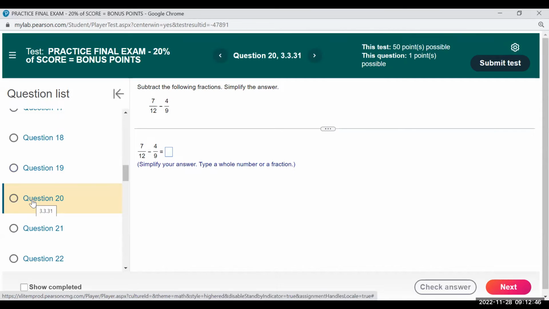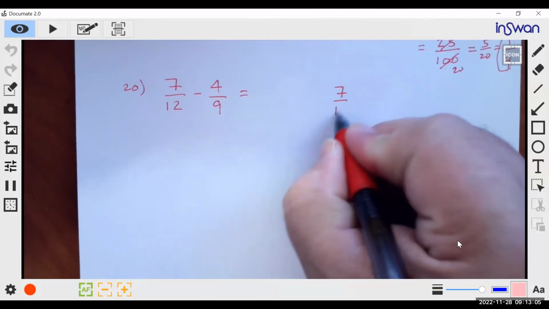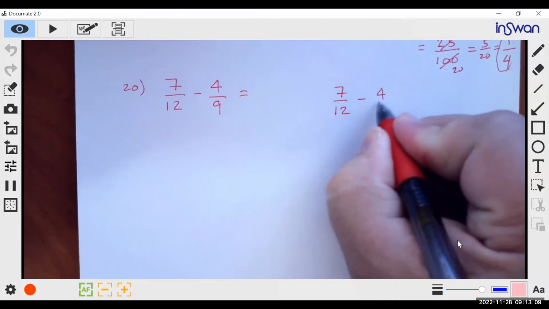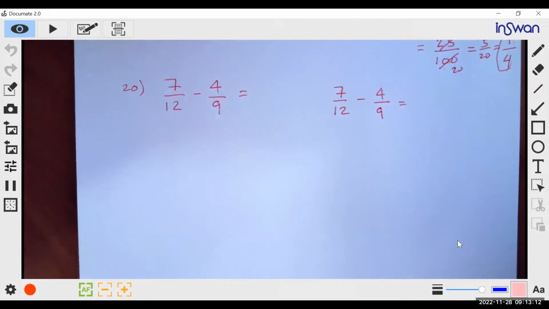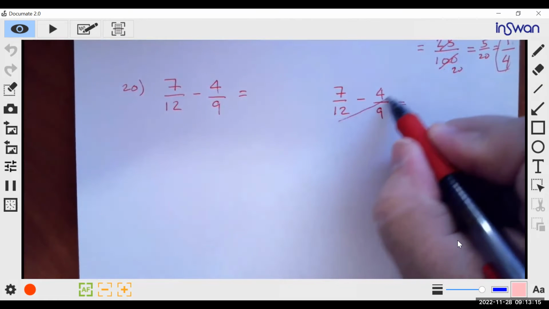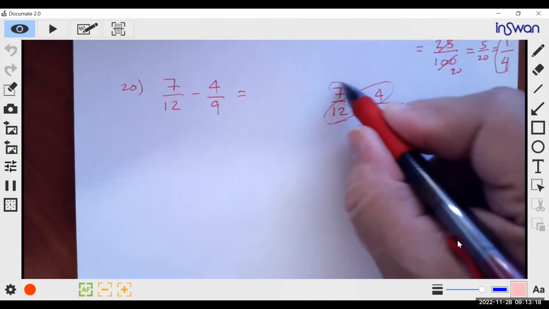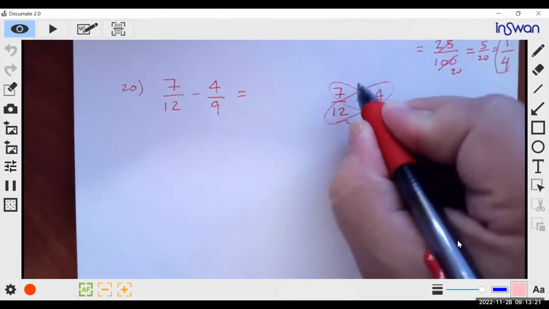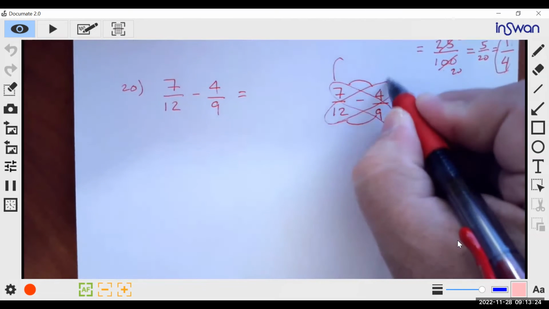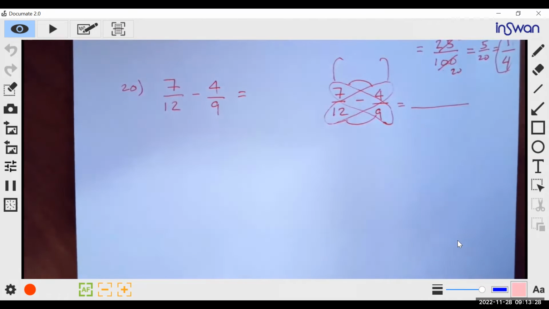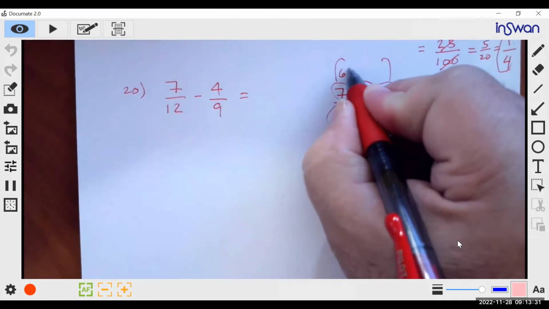Subtract. 7 over 12 minus 4 over 9. 9 times 7 is 63.